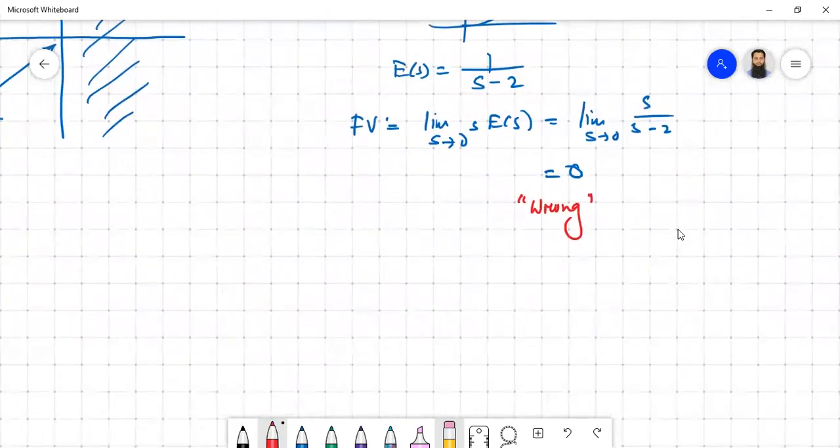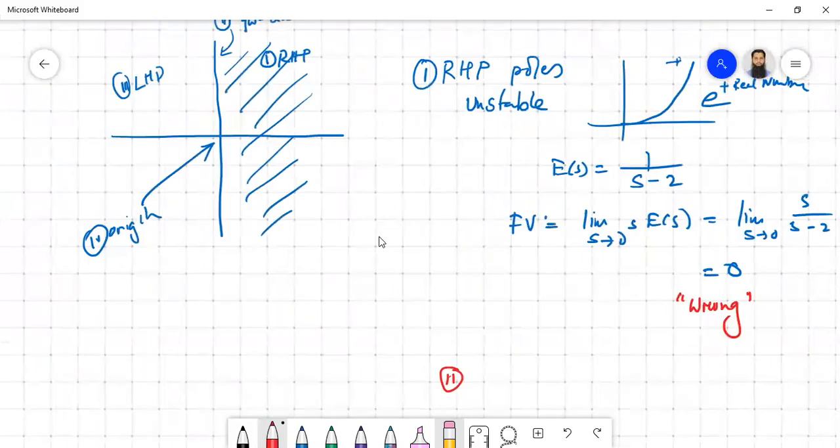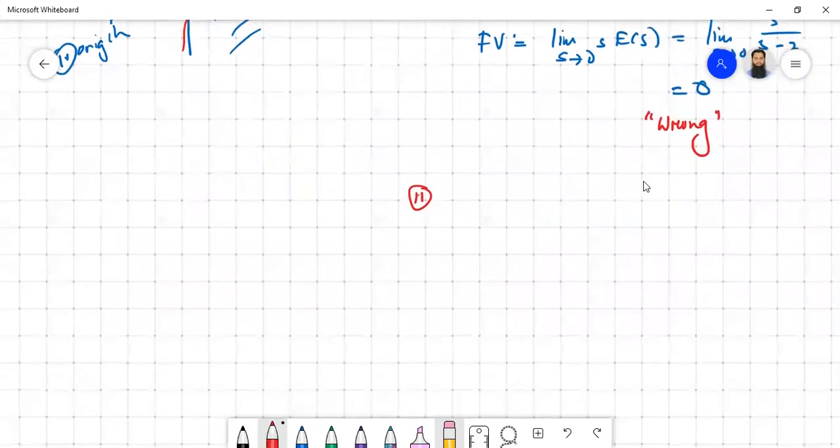Now case 2. Case 2 is the j omega axis, so basically we're taking the j omega axis without the origin. The origin is left alone. So what about system poles on the imaginary axis?